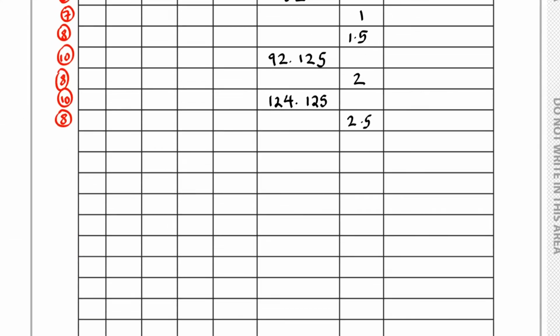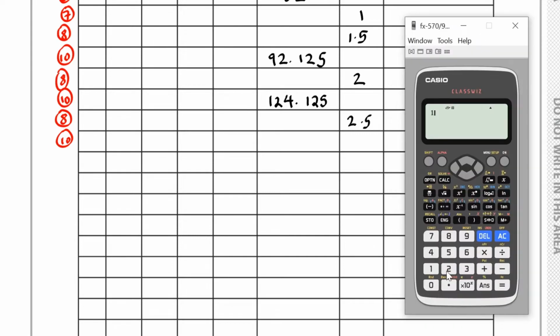So we go back to step 10, where we let d equal d plus 2 times e to the 4. So we have 124.125 plus 2 times e to the 4, so we have 2 times 2.5 to the power of 4, which is 202.25.